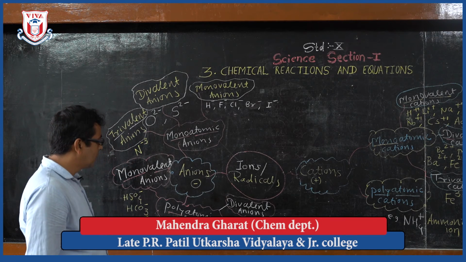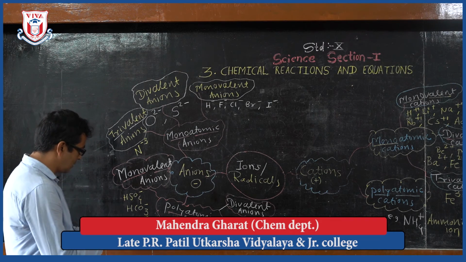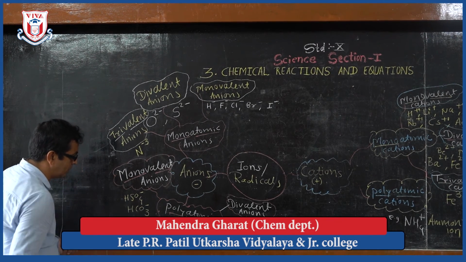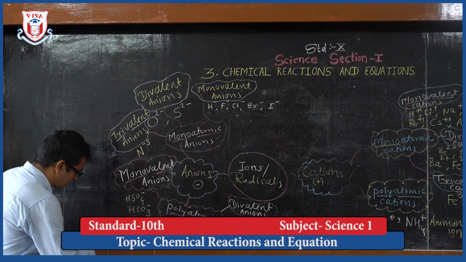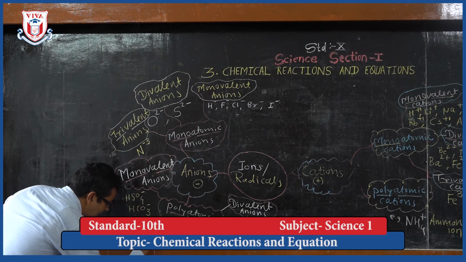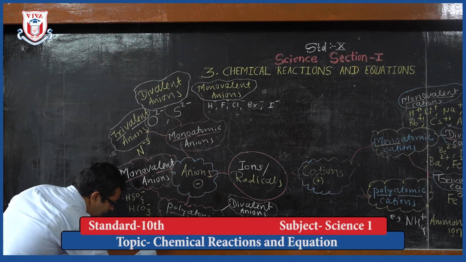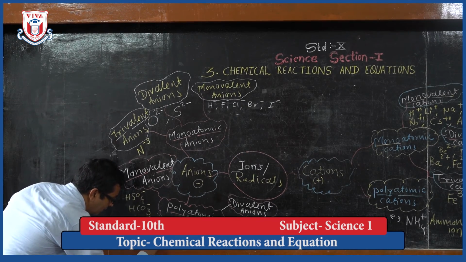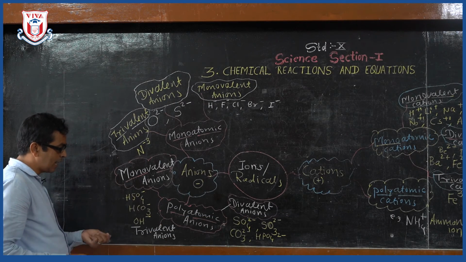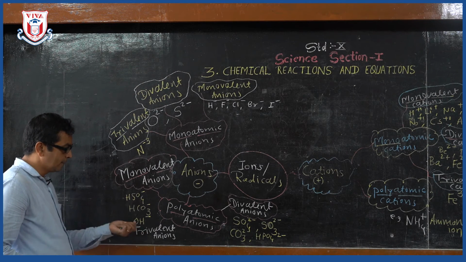And the last one is left, that is I can write here, trivalent anion. Trivalent anions having valency 3.